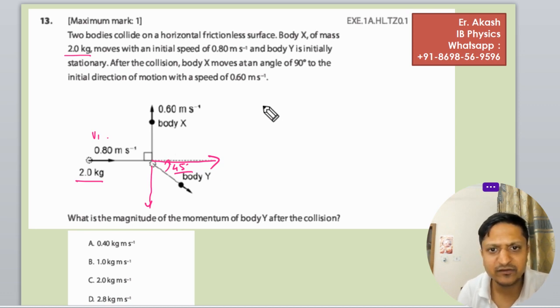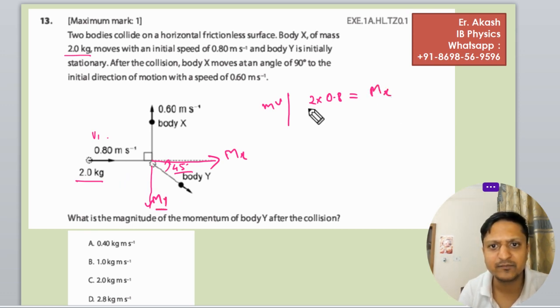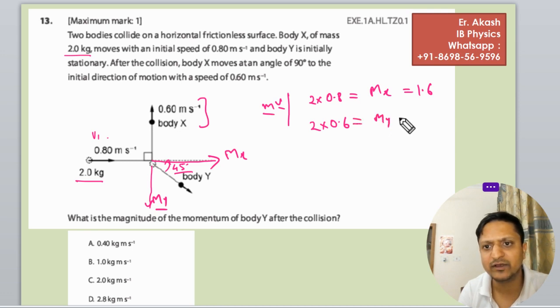So initial is mv, so it will become 2 into 0.8. Suppose this is the momentum x and this is momentum y, so momentum x is equal to 1.6, and for this vertically, this will be 2 into 0.6, 2 because mass is 2, velocity is 0.6 here, this is my, which is 1.2.